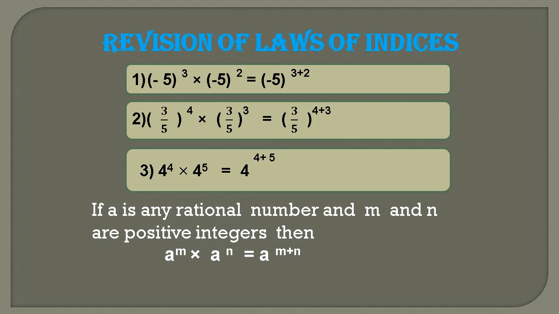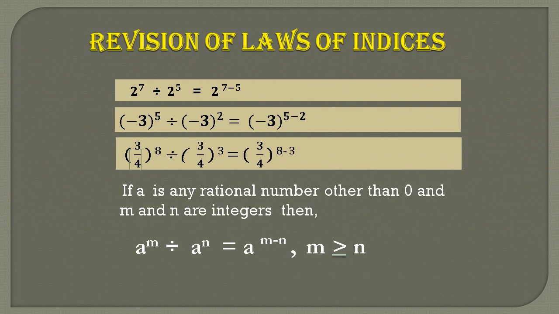In the third example, 4 raised to 4 multiplied by 4 raised to 5 is equal to 4 raised to 4 plus 5. So from all these 3 examples, we can easily understand that if a is any rational number and m and n are positive integers, then a raised to m multiplied by a raised to n is equal to a raised to m plus n.